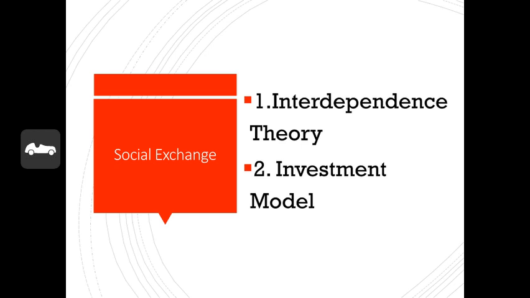And generally speaking, there are three major theoretical perspectives that fall under social exchange. Those are interdependence theory, the investment model, and equity theory. We are going to explore the first two together, interdependence theory and the investment model. And both of these fall under this umbrella term of social exchange.